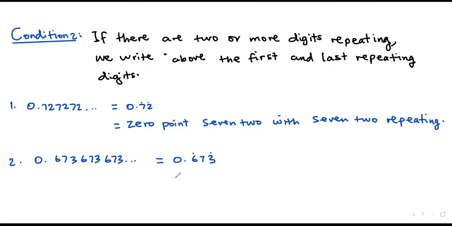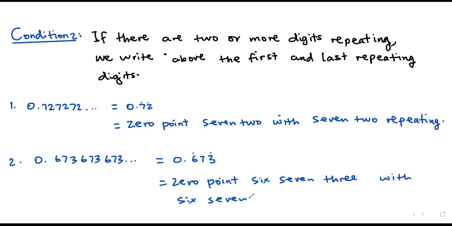Then we read it as 0.673 with 673 repeating. I hope that is understood, right? Have you understood, student? Yes, understand.